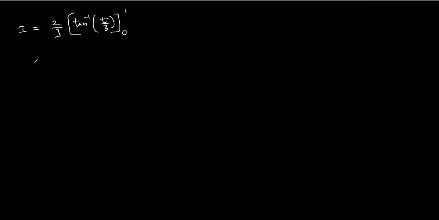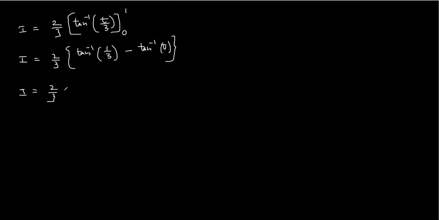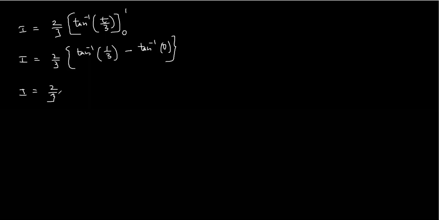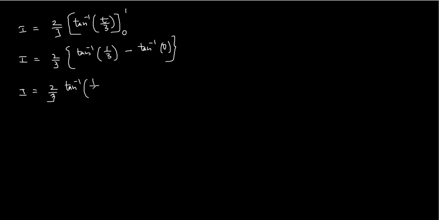Now you have upper limit minus lower limit. I equals 2 by 3 times tan inverse of 1 by 3 minus tan inverse of 0 by 3, which is 0, since tan inverse of 0 is 0. So the final answer is 2 upon 3 multiplied with tan inverse of 1 upon 3. This is your final answer.